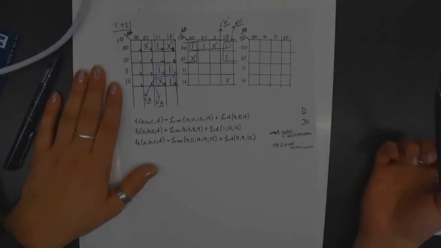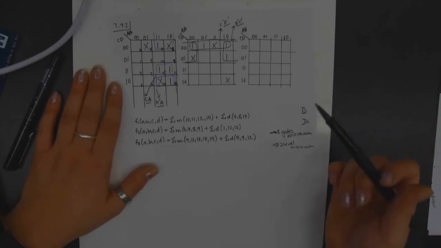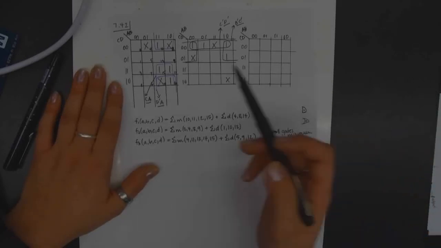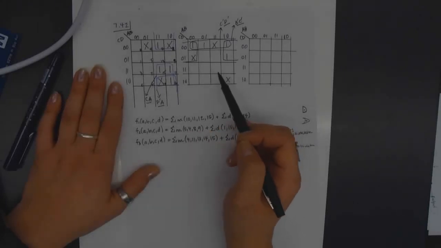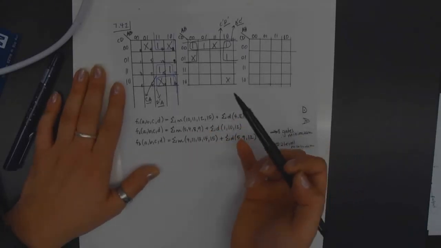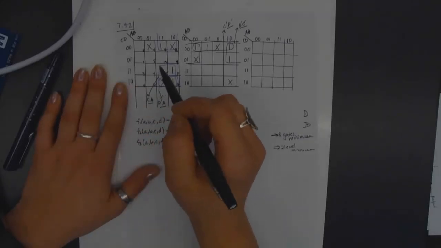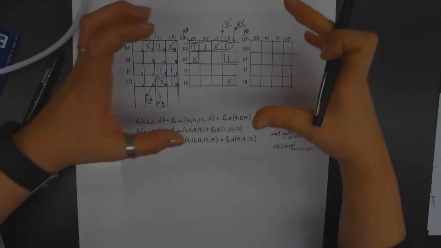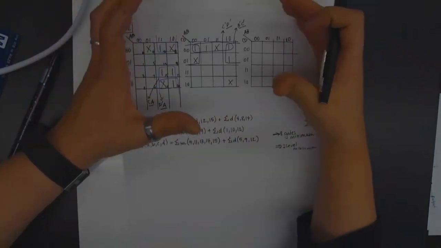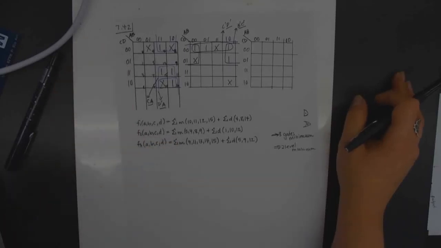With the don't cares, you have a lot of different options. That's where things get sticky: this might be the most simplified, but is it simplified where it will help us build this guy? At this point, we're not looking for the most simplified of this particular function. We're looking at the most simplified for the entire function, for all of these guys. And that's where things get a little bit harder.